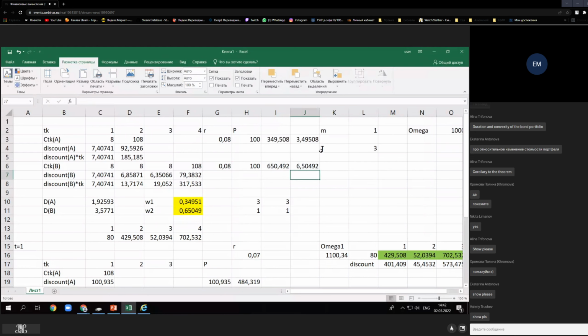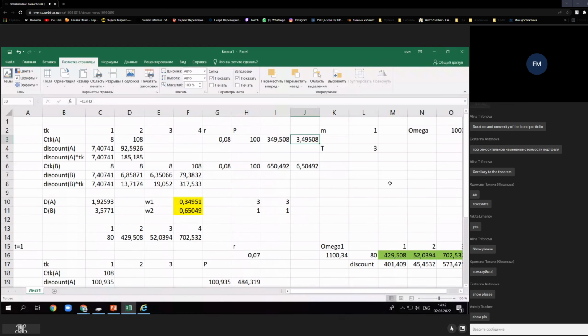Of course, in real life, you are not able to buy 3.5 or 6.5 bonds. It means you should decide what you are going to do. Are you going to buy 3 and 6 or 4 and 6 or 4 and 7? And decide how you will make your balancing.